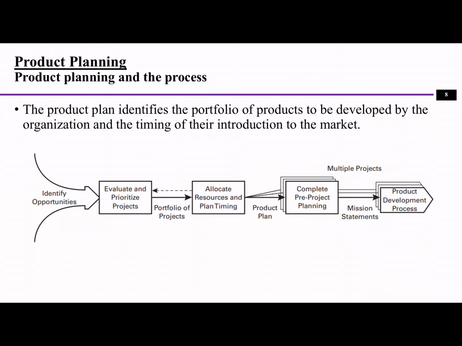Next is product planning. Product planning is about coordinating and organizing the resources, the time and the money, and also planning out the timing for different projects of the products.